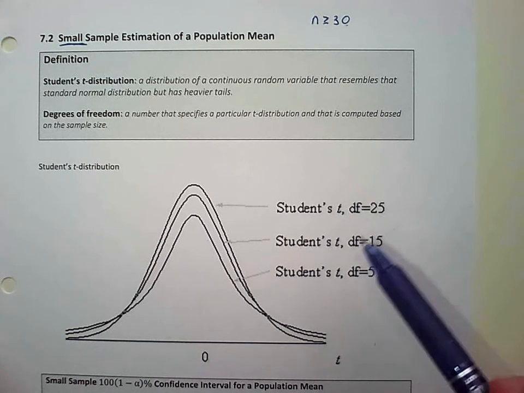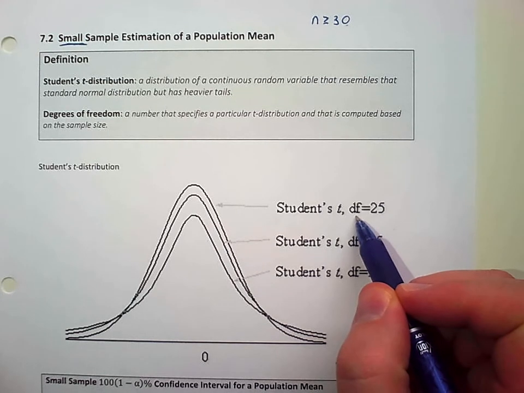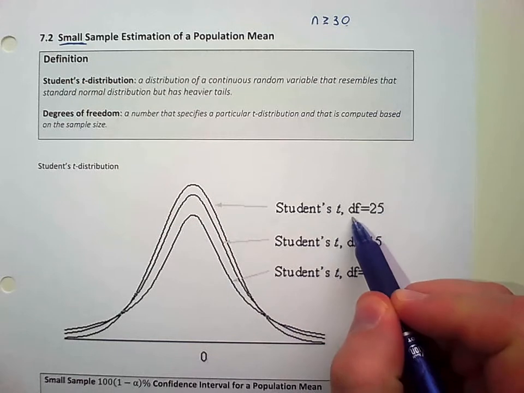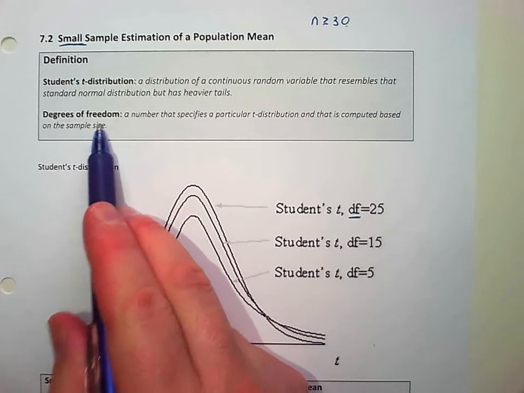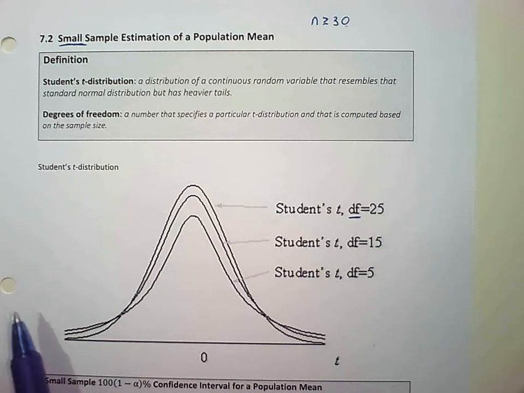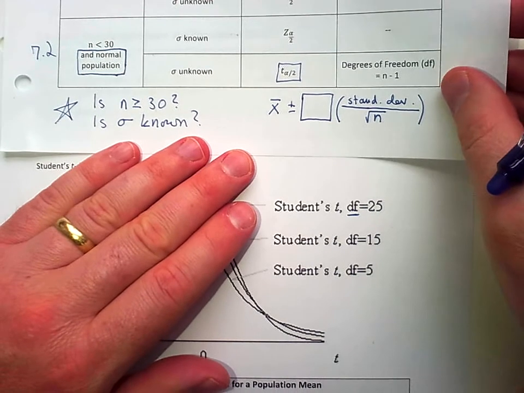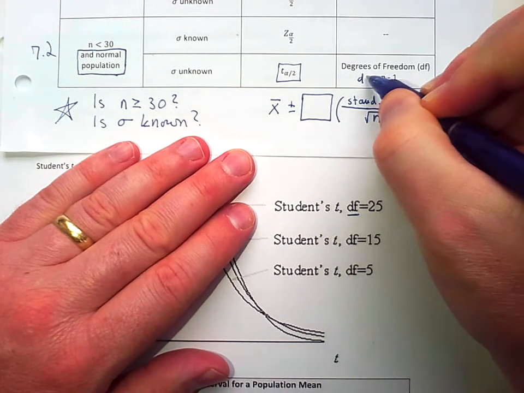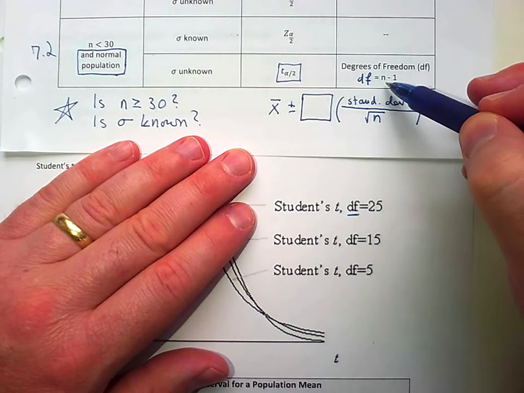But here's something that's really important. We have these things that are called degrees of freedom, right? Degrees of freedom, we're going to abbreviate that as DF. So DF stands for degrees of freedom. Now, for right now, you can remember that these degrees of freedom, or DF, is equal to little n minus 1.